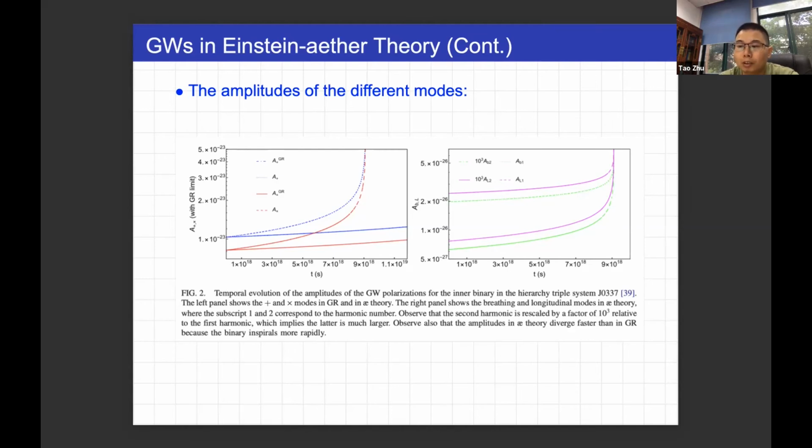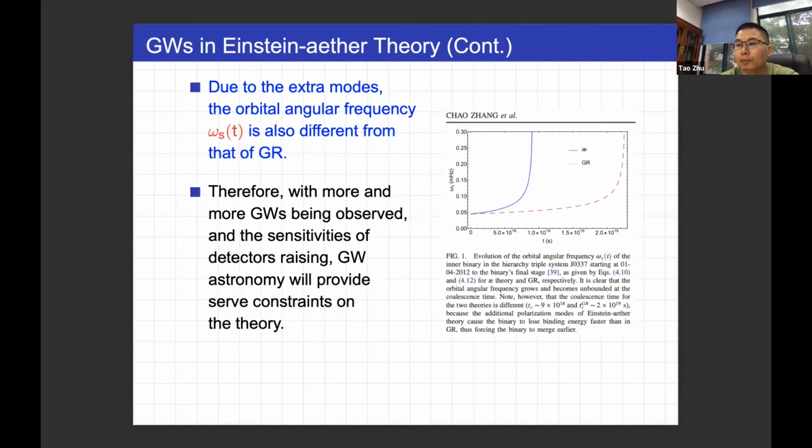However, from the first figure, it is shown that the tensor modes can also be very different from that of GR. By using this factor, the Einstein-aether theory can be constrained with the observation of gravitational waves in the future. And due to the additional polarizations, the orbital angular frequency is also different from that of GR.